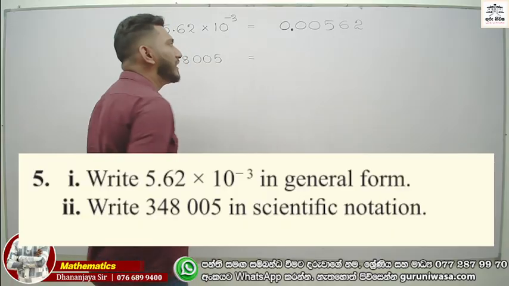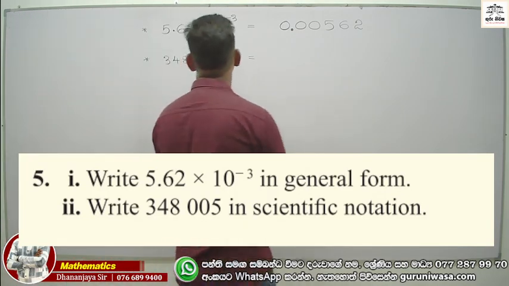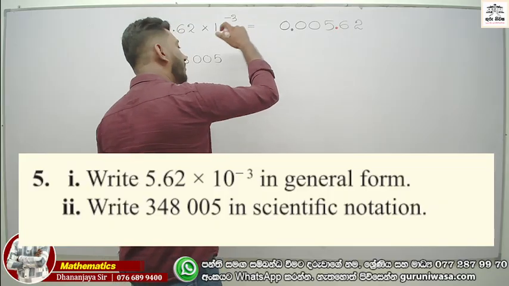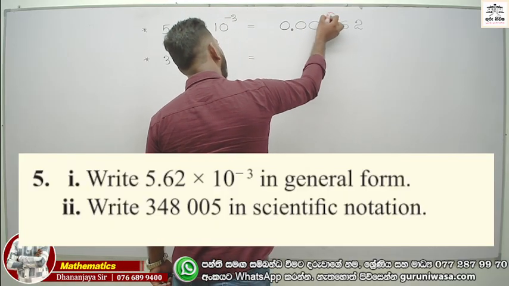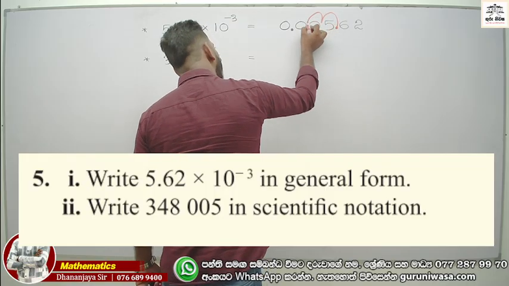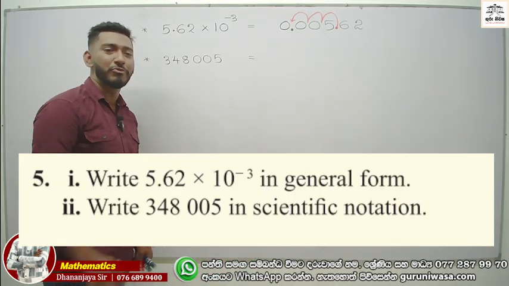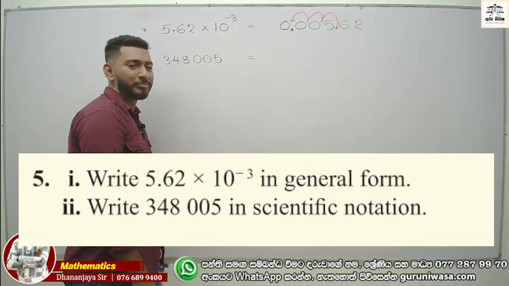Now the answer is 0.00562. Now let's check. The decimal point is here. 10 to the power of minus 3 means we move to the left hand side. 1, 2, 3. Yeah, that's correct. That's a very easy trick.